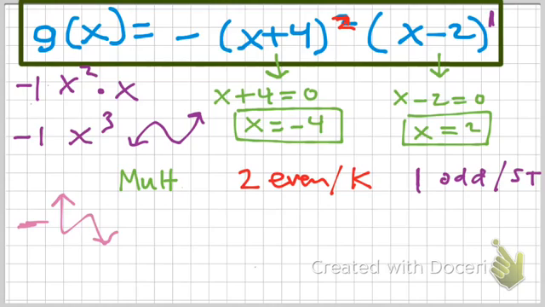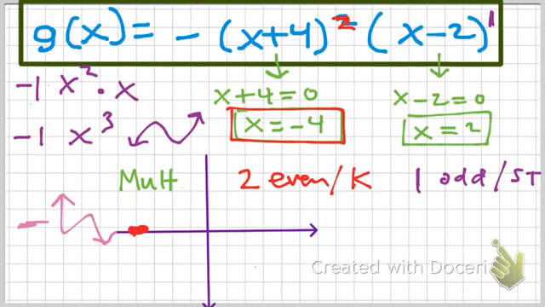So when I graph this, then at x equals negative 4, and then that's x equals negative 4, and then at x equals 2, so then I just need to draw a graph through this.